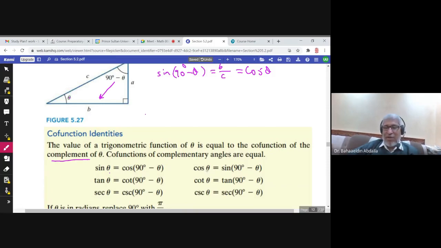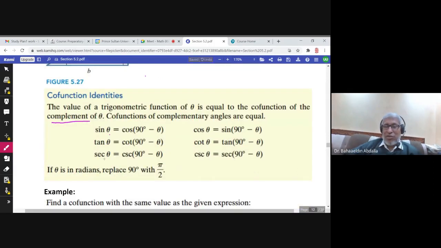Also tan theta is cotan 90 minus theta, and cotan theta is tan 90 minus theta, and secant theta is cosecant 90 minus theta, and cosecant theta is secant 90 minus theta. So there is a relation between secant and cosecant, tan and cotan, sine and cosine. If you deal in radians, you can replace 90 by pi over 2.